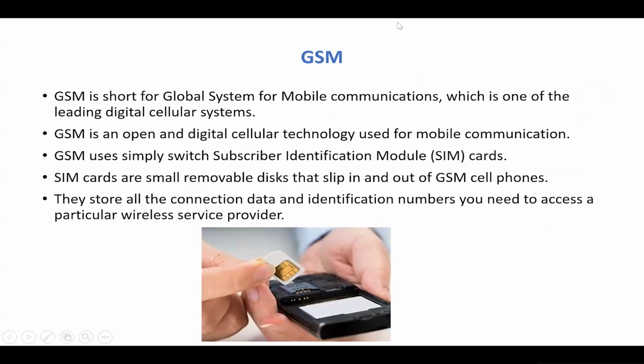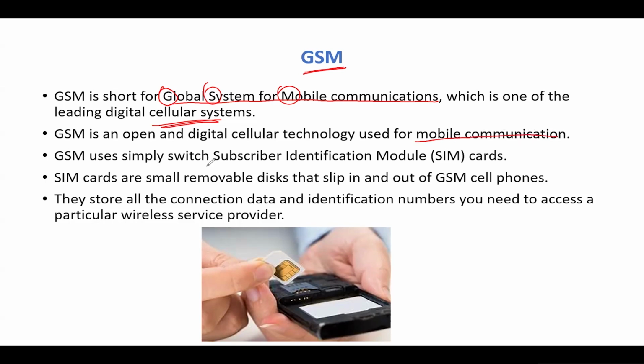Now some of the wireless connections whatever we are seeing. The first thing is GSM. GSM is short for Global System for Mobile Communication, which is one of the leading digital cellular systems. GSM is an open and digital cellular technology used for mobile communication.